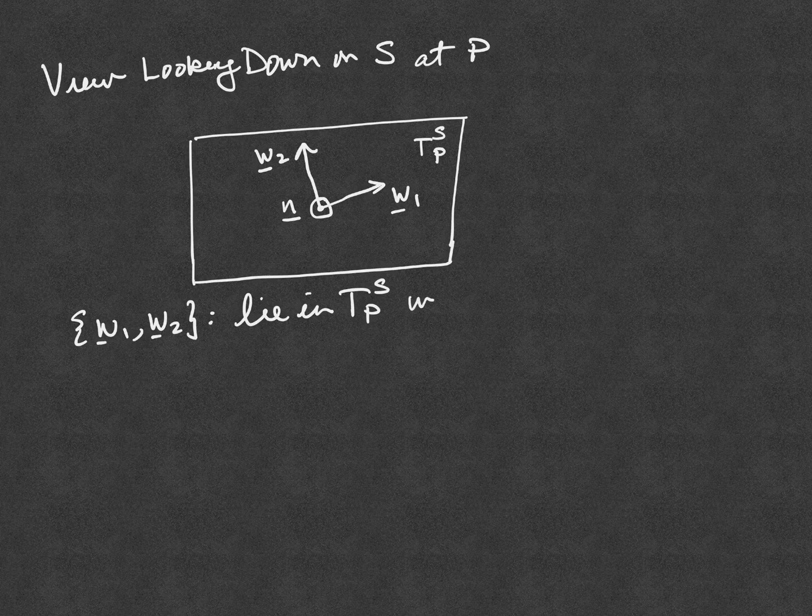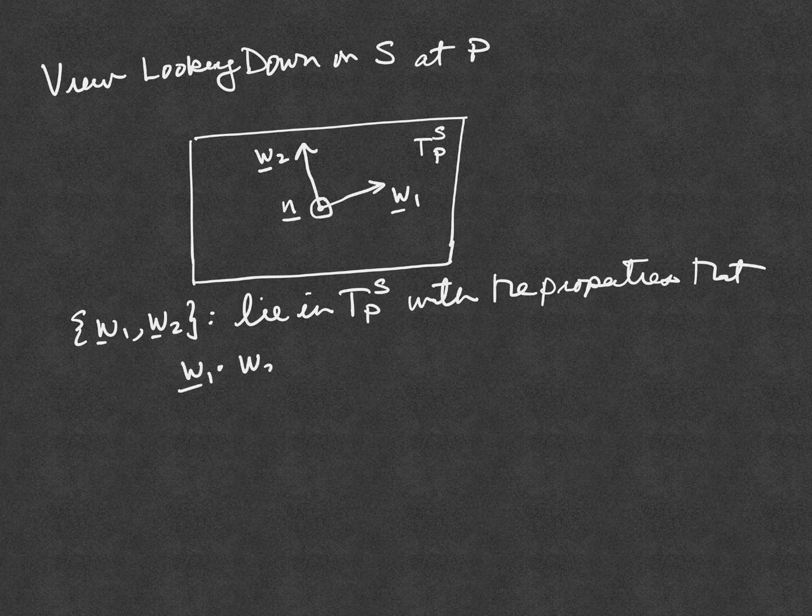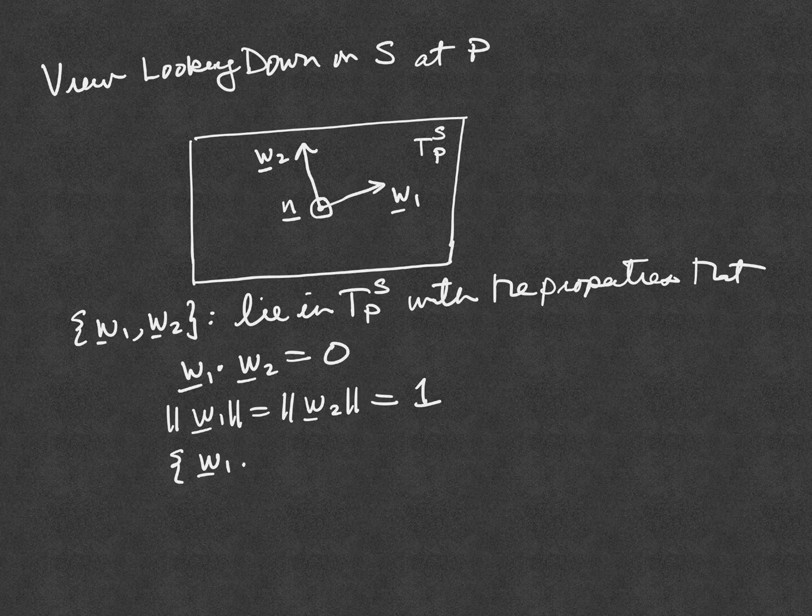W1 dotted with W2 is 0, so they're orthogonal to each other. They're both unit vectors. And the third thing is that the set W1, W2, and N is a basis for three-dimensional Euclidean space.